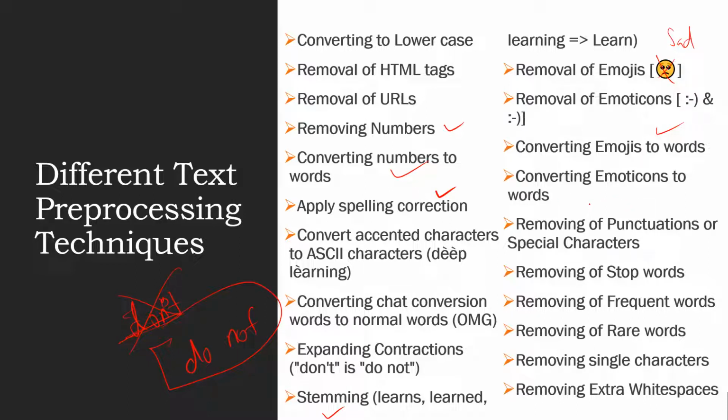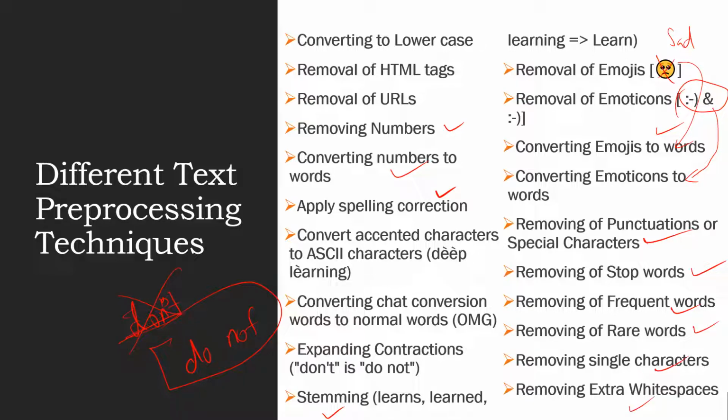Sometimes we convert emoticons to words. Emoticons mean this one. This is also converted into words. Emojis also convert into words. Emoticons also convert into words. Sometimes we need to remove punctuation or special characters. Remove the stop words, the frequent words, rare words, single characters, extra white spaces.